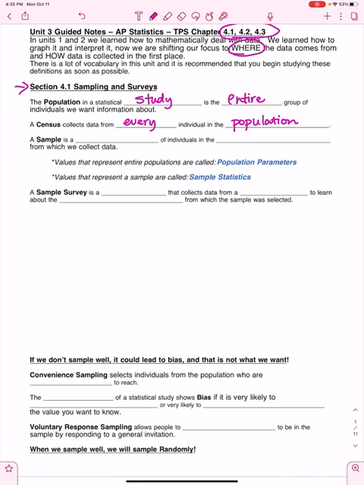That leads us to collect what we call a sample. This is just a subset of individuals in the population. If we sample correctly from the population, hopefully it will represent the population well. An example of this is, let's say we've got our population of interest here.